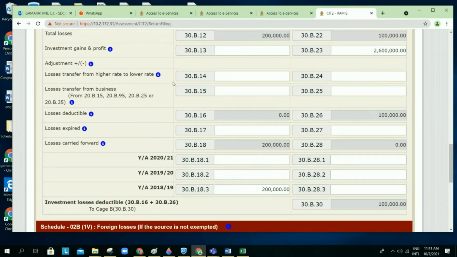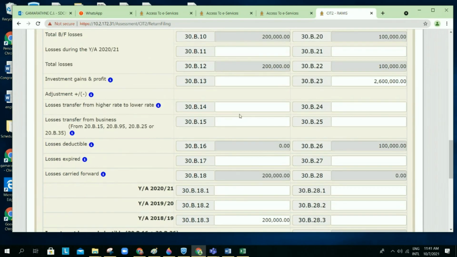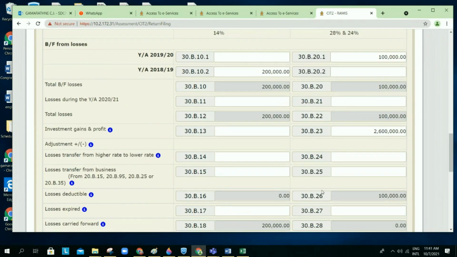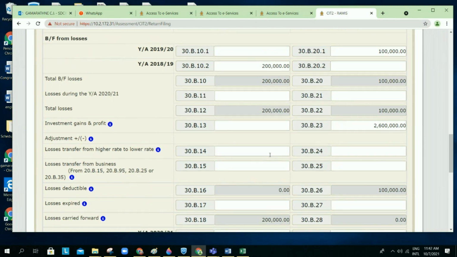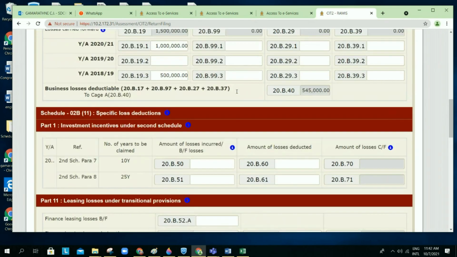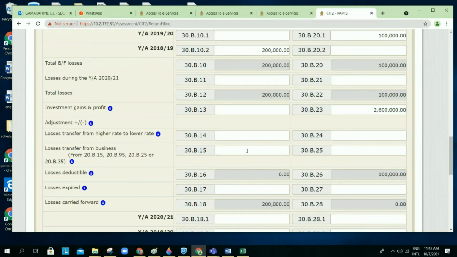Okay. Then same as the business loss schedule, this is the transferring gauge, higher rate to lower rate. If you have a higher rate loss, you can transfer it to the lower rate if there is a lower rate profit available. Also when we deduct the loss, when we transfer to business loss from investment profit, when you enter the minus value in here, it should be entered as a plus value in here.